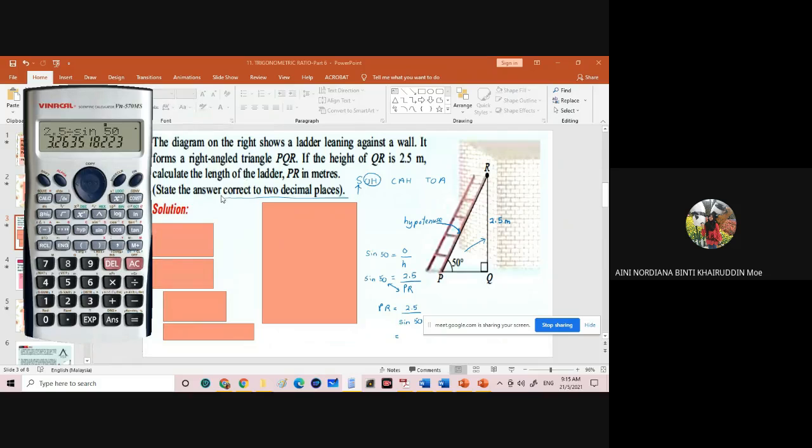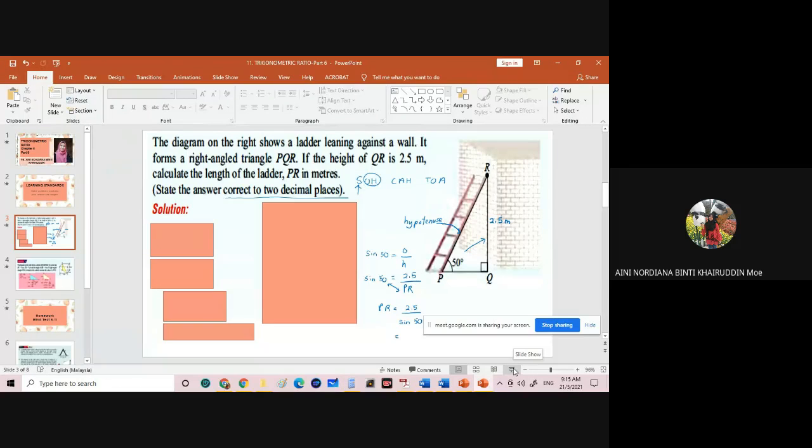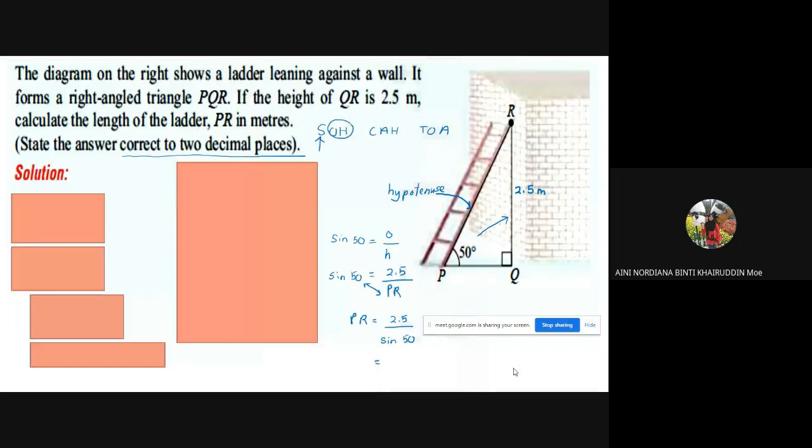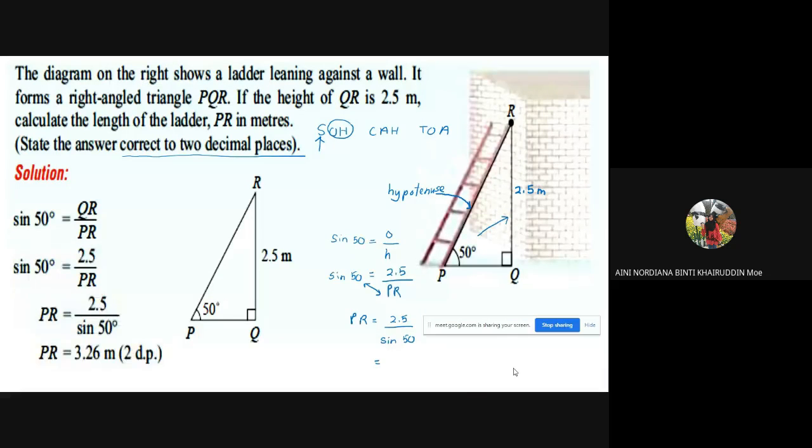The question asks us to give the answer correct to 2 decimal places. So 3.26. Okay, boleh? This is the answer, 3.26.